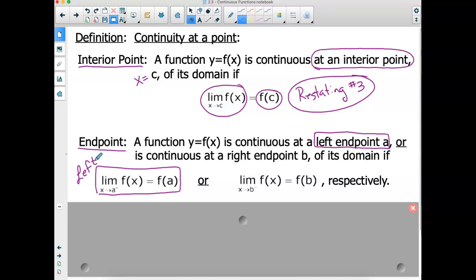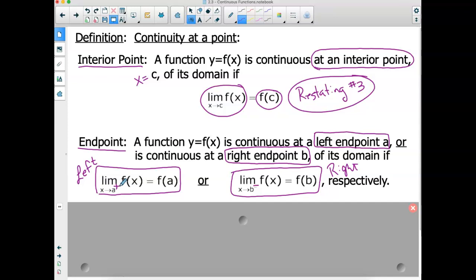In order to check if the limit exists at the left endpoint, I need to approach it from the right side, or if it's continuous at the right endpoint, and we're going to call that endpoint B. So this one right here, in this case, is my right endpoint. But to make sure the limit exists on the right, I have to approach from the left. Just like I have to approach A from the right.